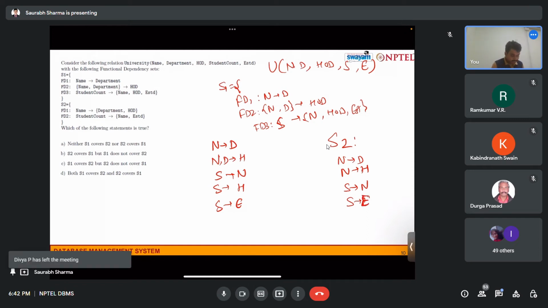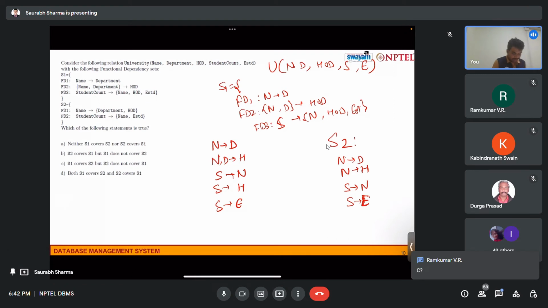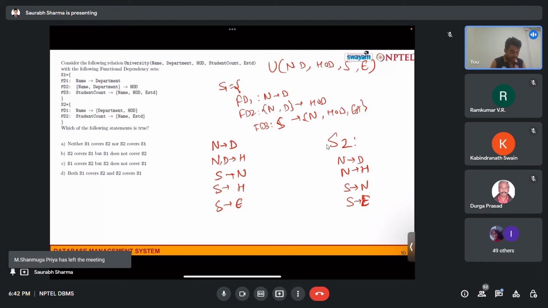Now we have to search for redundant attributes, dependencies, statements, and also for extraneous attributes, if there are any. So first I will say that D here is an extraneous attribute.